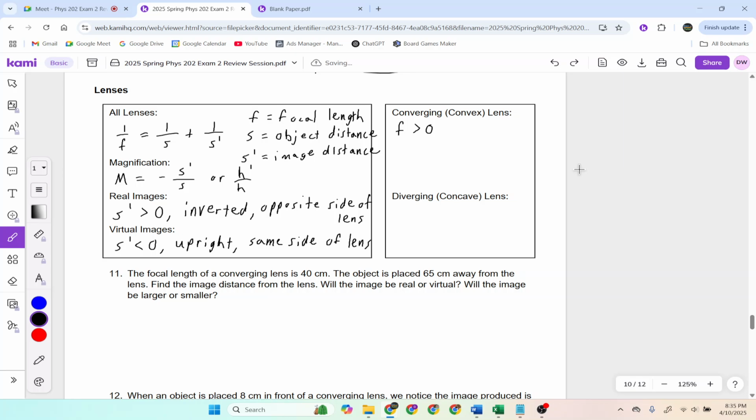So here's what a converging lens looks like. It looks like a little oval, and we put a dashed line in the center as the center of the lens. That matters for the ray diagrams, which I'll be covering on the next page.